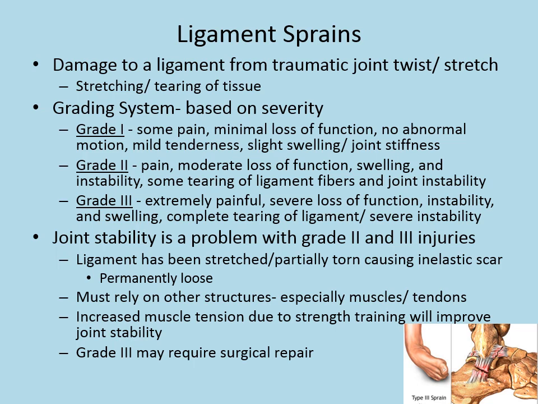So it will always be looser because all of a sudden it physically is longer if it does heal all the way. So it's going to be permanently loose. The person may or may not notice a difference with their movements or running, but they will have to rely on other structures, especially the muscles and tendons in the surrounding area, to make sure that that joint has some stability.